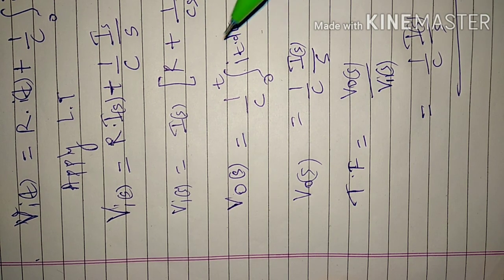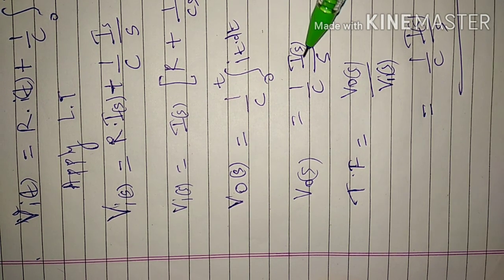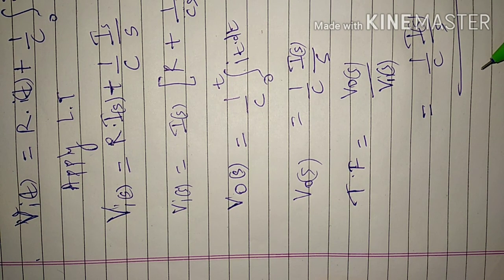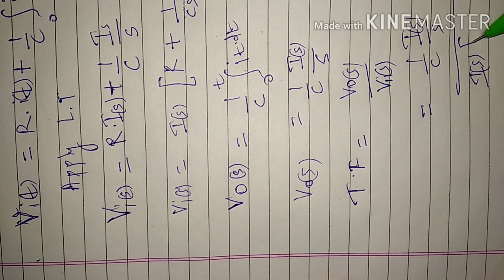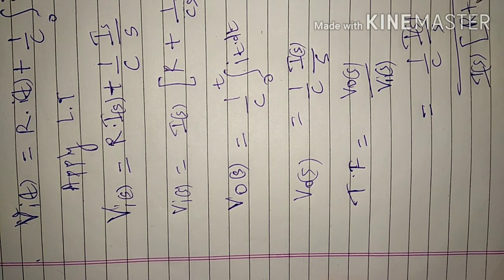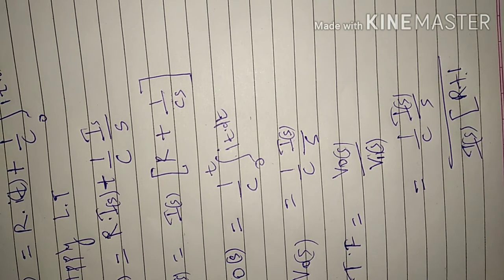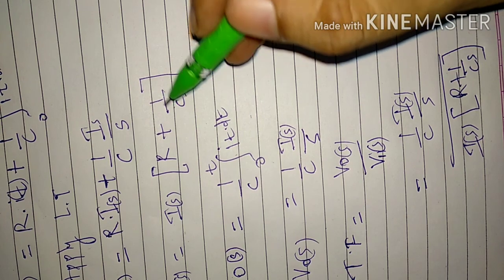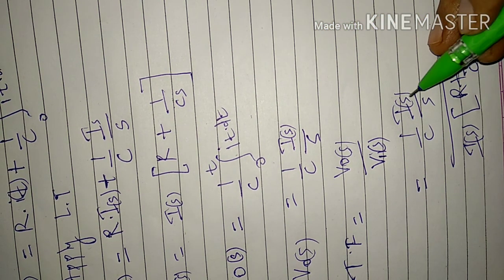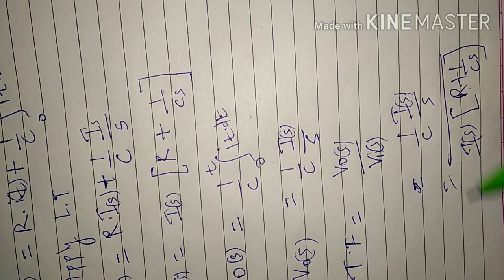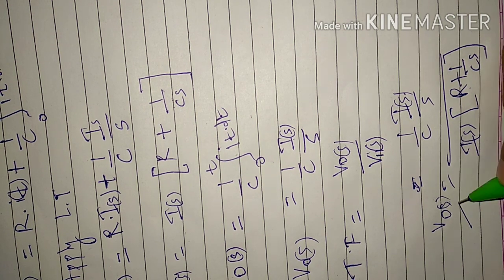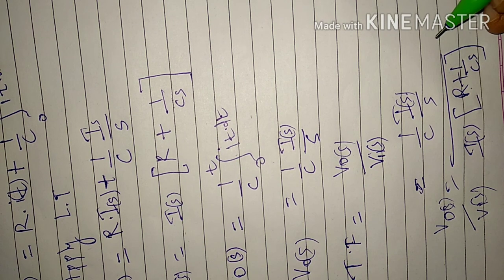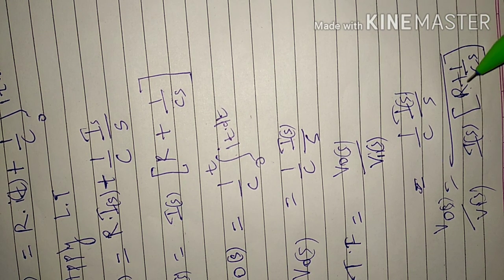This equation is the output equation, and the input equation is this one: I(s) bracket R plus 1 by CS. This whole, output upon input, is the transfer function, V_o(s) upon V_i(s).